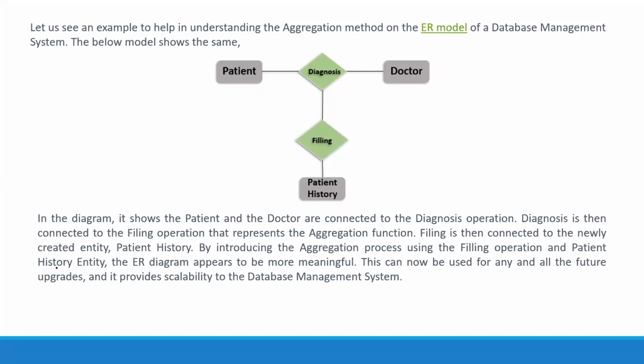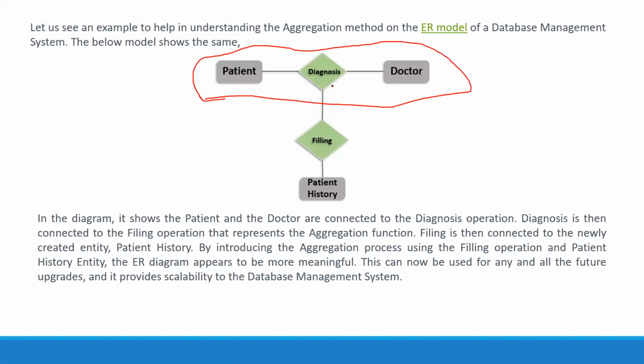So how will he diagnose the patient? Normally, this is the relation. So what will the doctor do? He will diagnose. But how will he diagnose? He needs some history of the patient, by writing, filling or filing some data in the file.